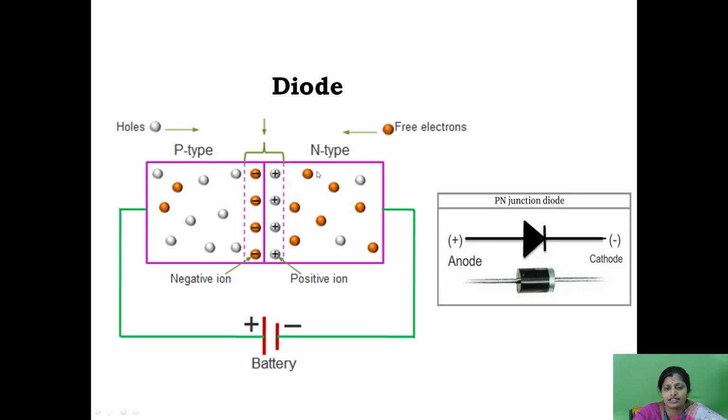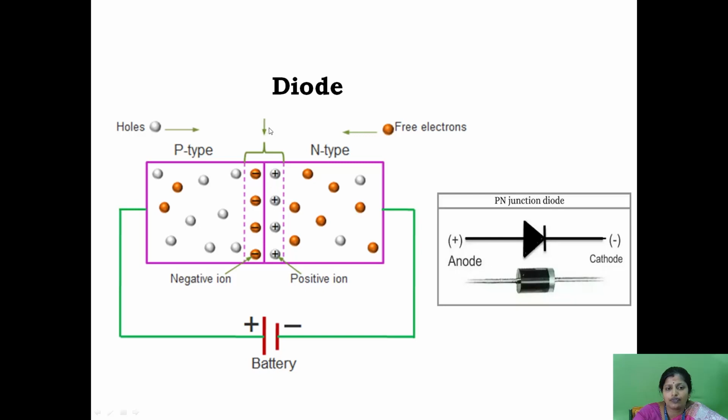Electrons keep moving from N to P and P to N. This is the recombination of electrons and holes. In the gap at the center, during recombination of electrons and holes, light beams are emitted.